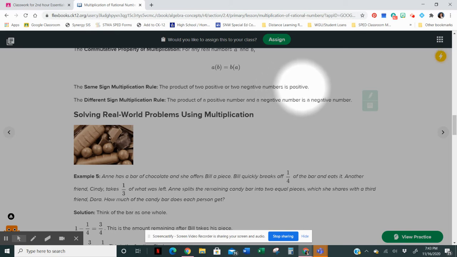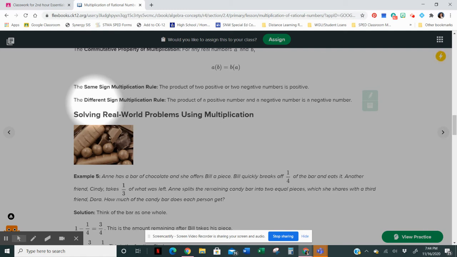So let's say I have a -1 and I multiply it times another -1, my answer is going to be a +1. Or if I have a +1 and I multiply it times a +1, I'm still going to have a +1. So if you have two of the same signs, whether it be positive or negative, when you're multiplying, the answer is always going to be positive.